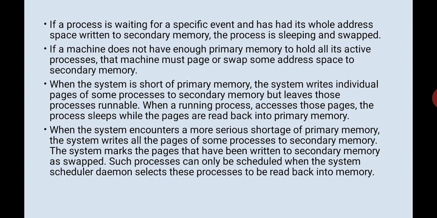When the system encounters a more serious shortage of primary memory, the system writes all the pages of some process to secondary memory. The system marks all pages that have been written to secondary memory as swapped. Such a process can only be scheduled when the system scheduler selects it to be read back into memory.